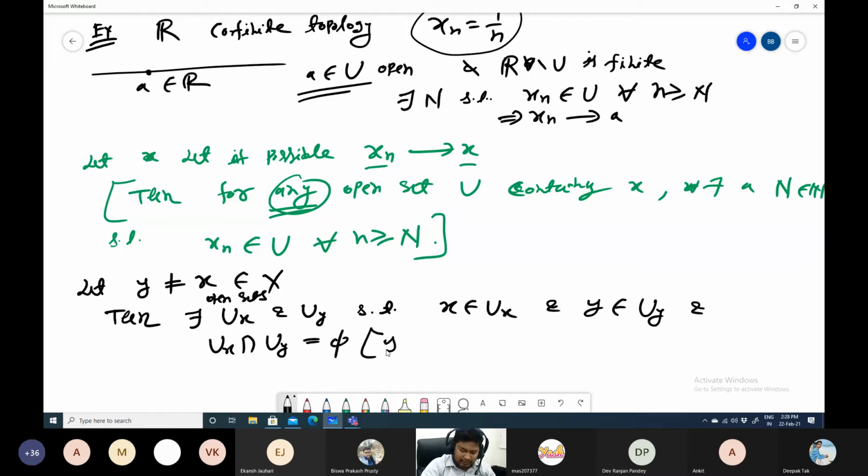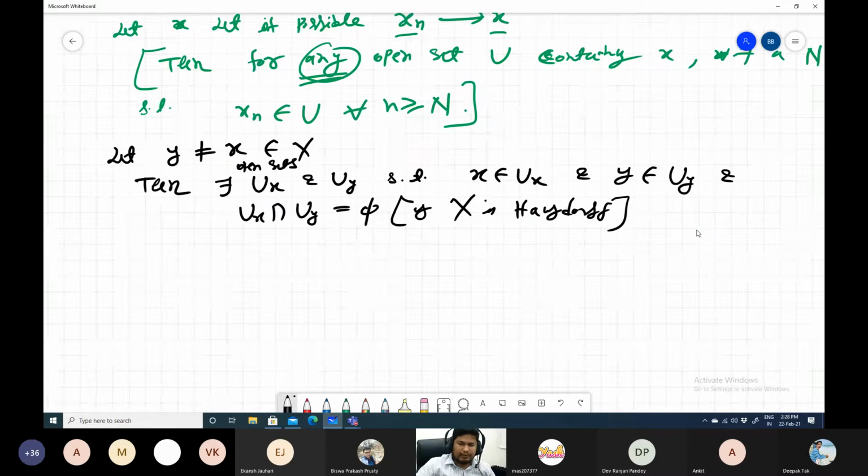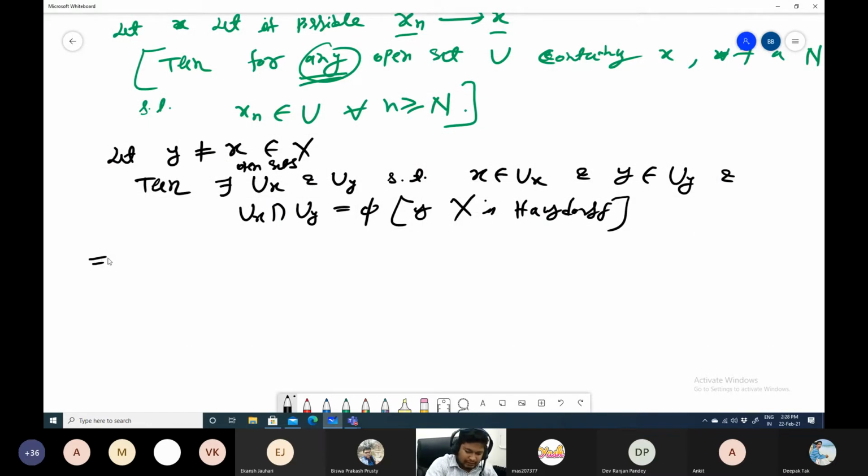Why? Because X is Hausdorff. Now that implies there exists a natural number n such that Xn belongs to Ux for all n bigger or equal to n.